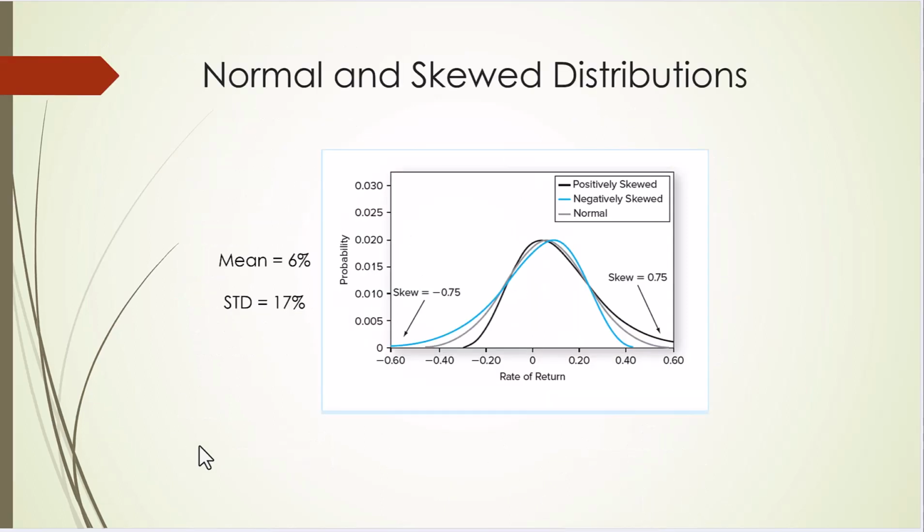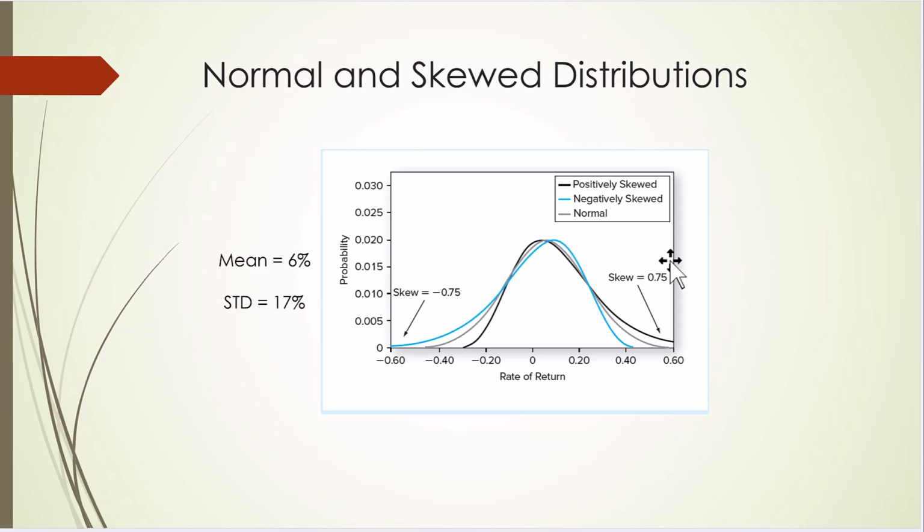So, what does this look like? A skewed distribution. Again, this is kind of difficult, but if it's positively skewed, that's this dark line, it's a little bit to the left. So that means it's tilted towards lower numbers rather than higher numbers.